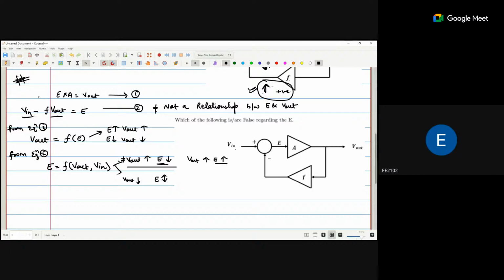So we are not considering equation 2. Why? Because it is also dependent on V in. So for the relation between E and V out, we consider equation 1.